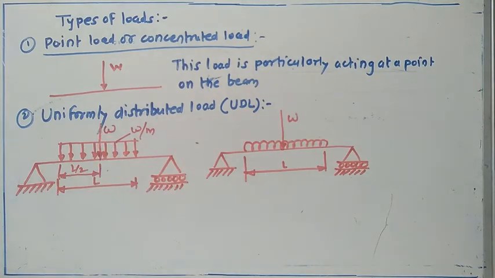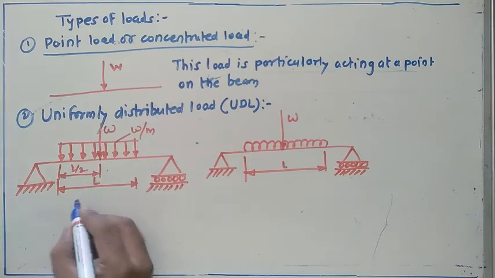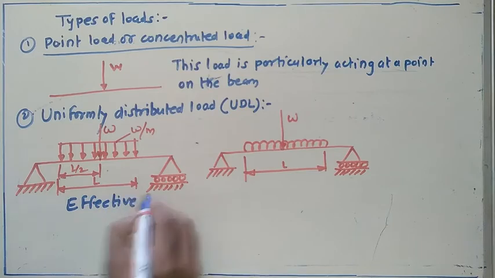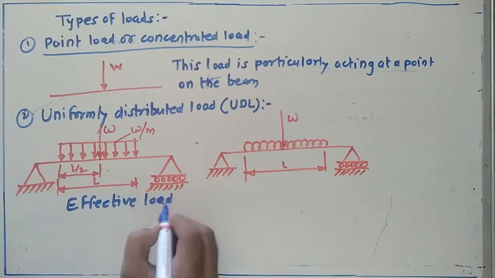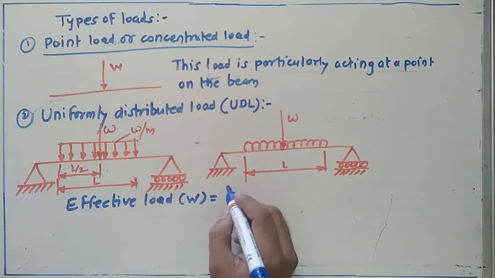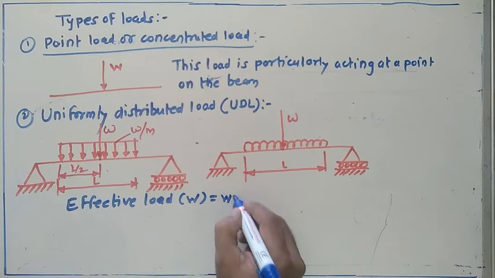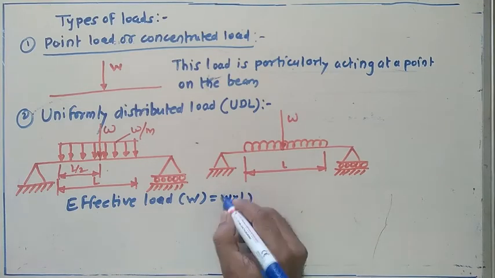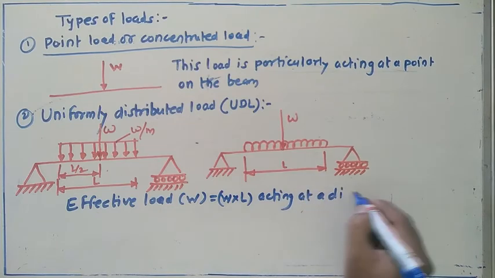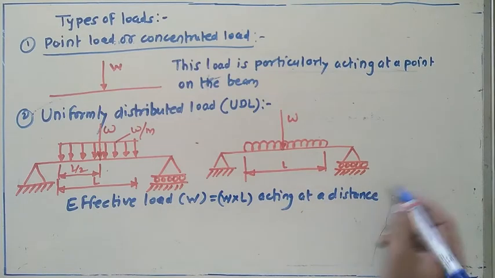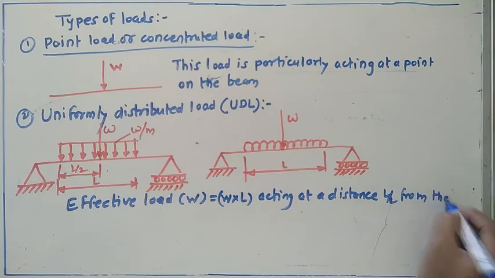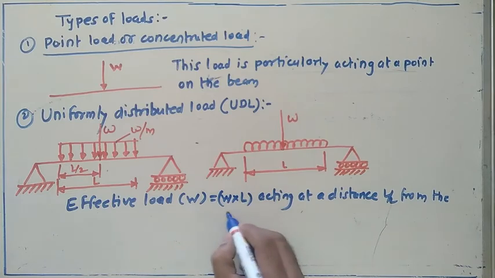So effective load W can be calculated in this way. Effective load is nothing but small w multiplied by L, acting at a distance L by 2 from either end.